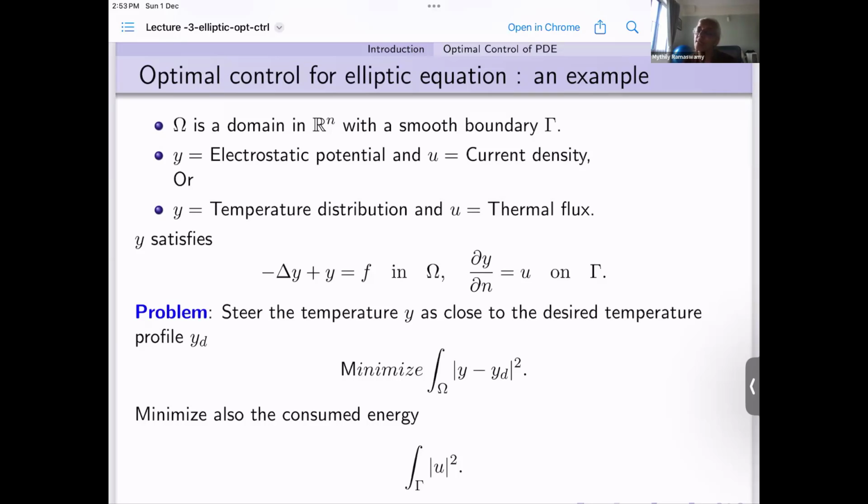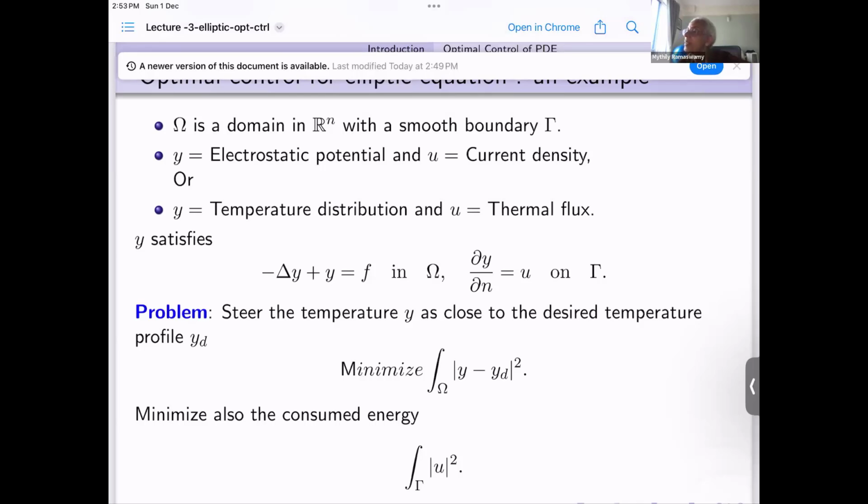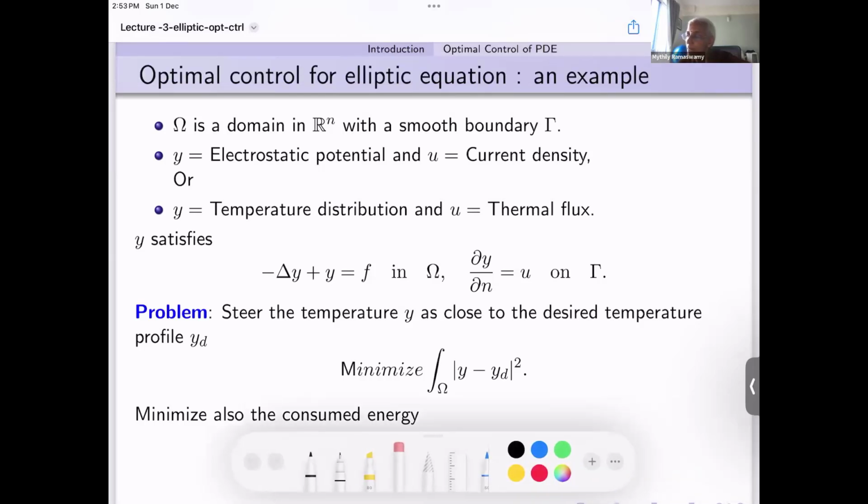So the Y is assumed to be the solution of a PDE like this: minus Laplacian of Y plus Y equal to F. The notation here is Y depends on the variable X, and F is also depending on X. The X is hidden, but it is there.